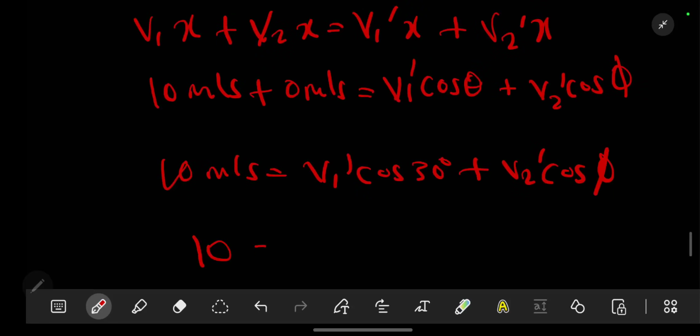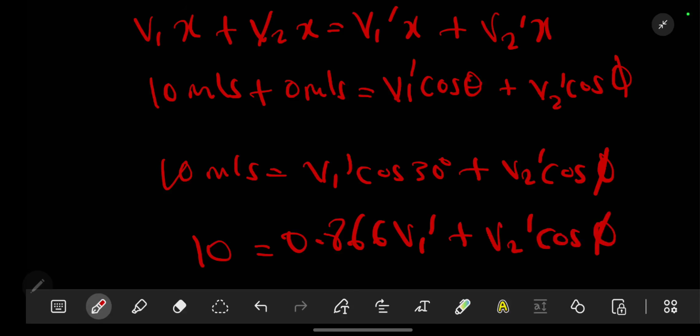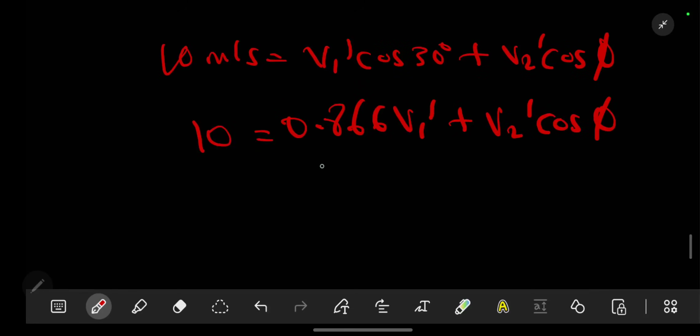So we have 10 should be equal to our v1, our cos of 30 will give us 0.866 v1 cap plus our v2 cap cos of this. So this gives us, we have the 10 there.